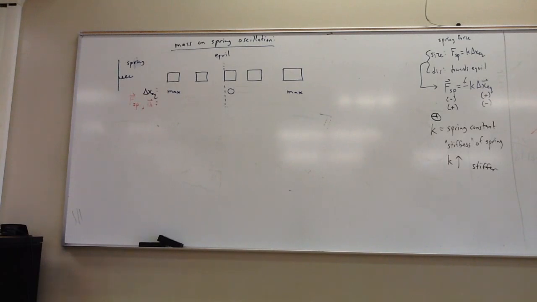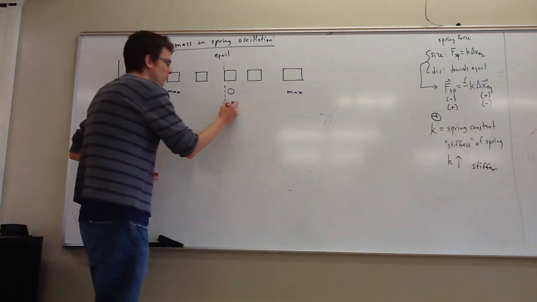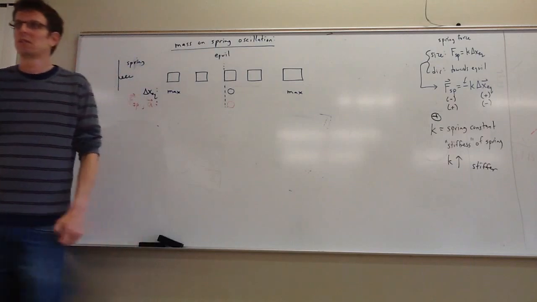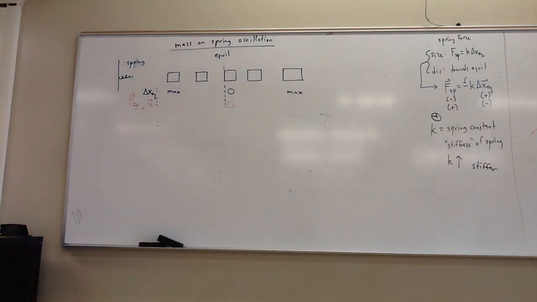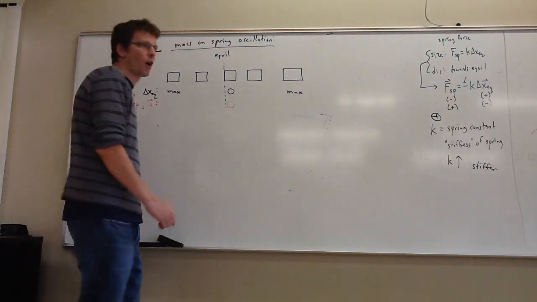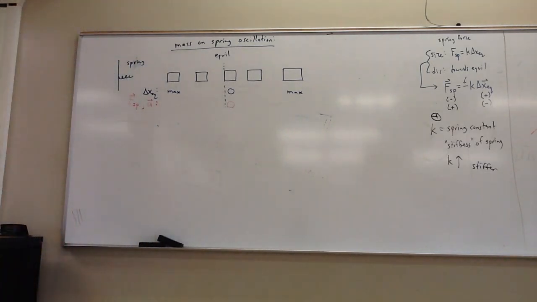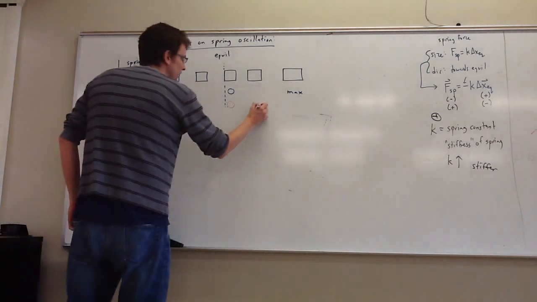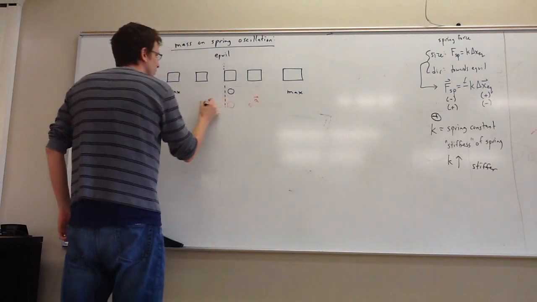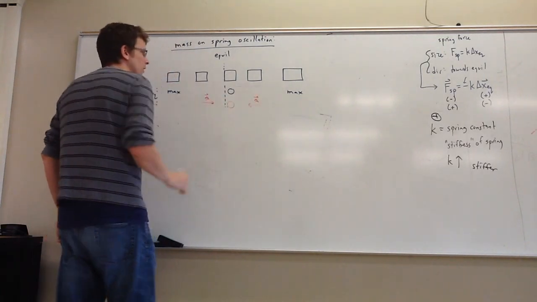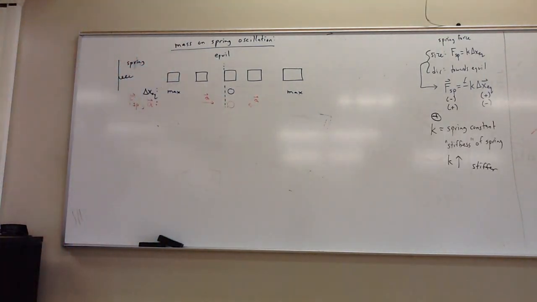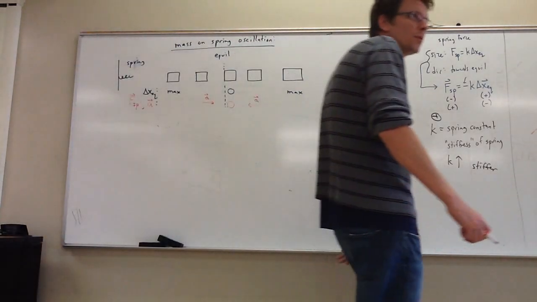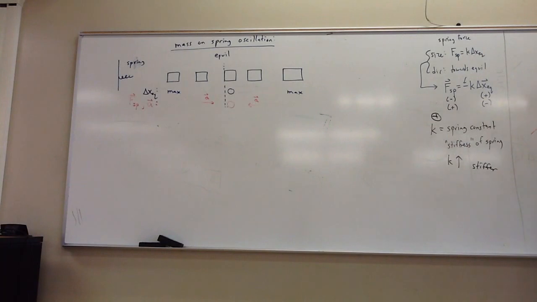So let me draw the acceleration. The force is 0 here, so the acceleration is 0. The force always points towards equilibrium, so the acceleration is going to be like this. And what happens to the size of the force as you get further from equilibrium? Bigger.